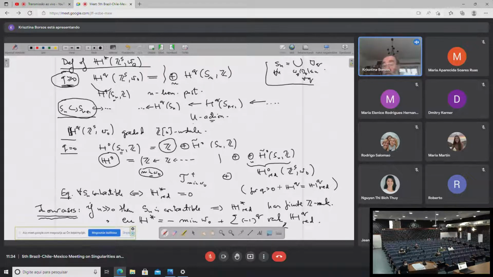Also, for any higher Q, HQ has finite Z rank. Even, as I mentioned, in all our cases, when n is very big, Sn is contractible. So all the information in H0 for n very big is eliminated by this tower. What remains is the reduced part, and that has a finite Z degree.